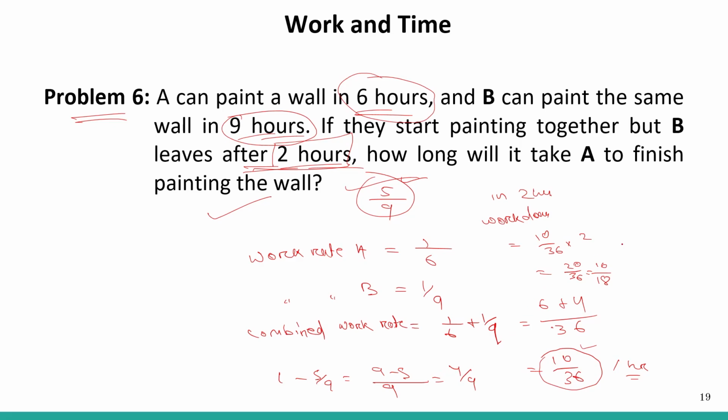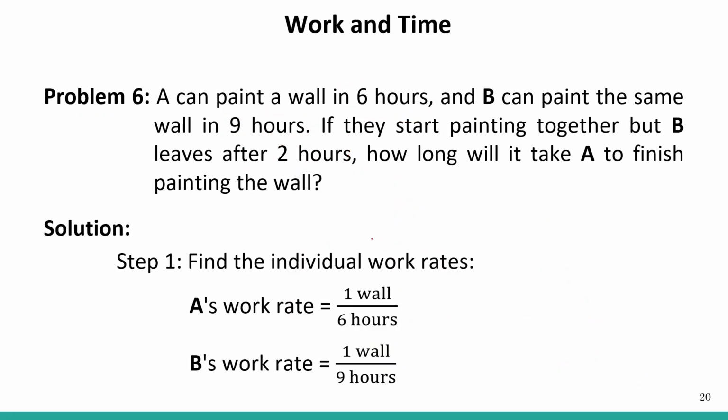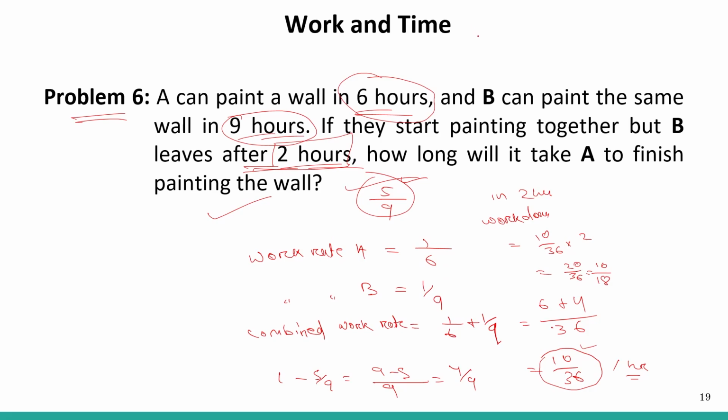How can we know? We can use the formula: time needed is equal to remaining work divided by A's work rate. The remaining work is 4 by 9, and A's work rate is 1 by 6.